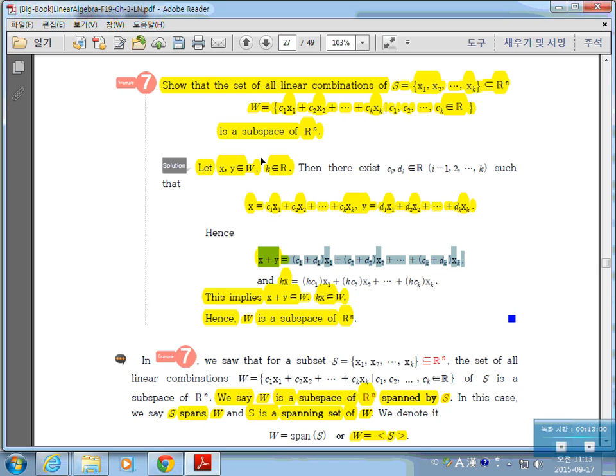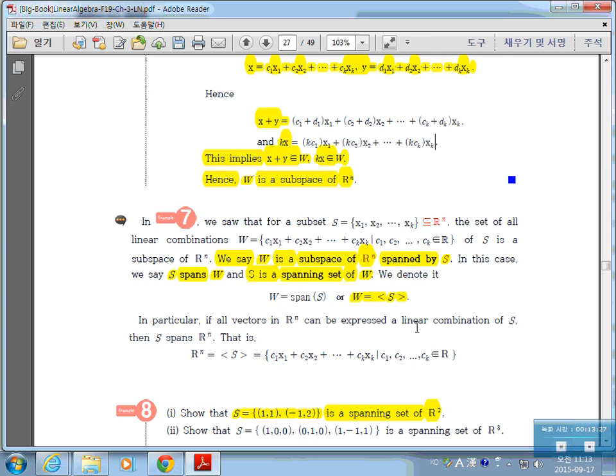So X plus Y is in W. Next, the scalar multiple KX. Since X is like this, KX can be written in this way, another linear combination of xi's. So KX is in W as well. So it satisfies the two conditions of the two-step subspace test, so W is a subspace of Rn.